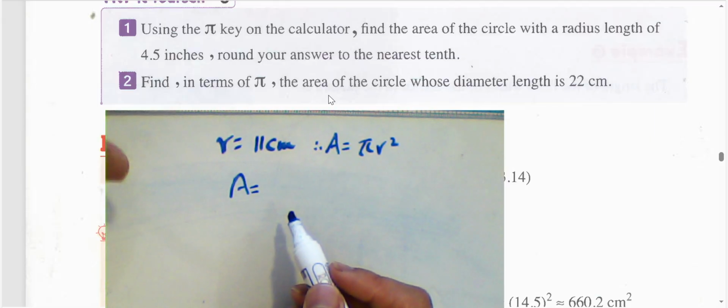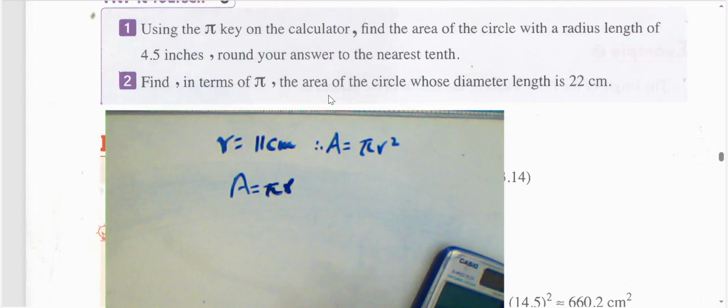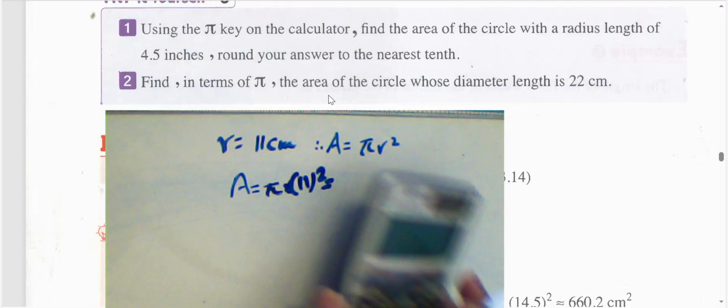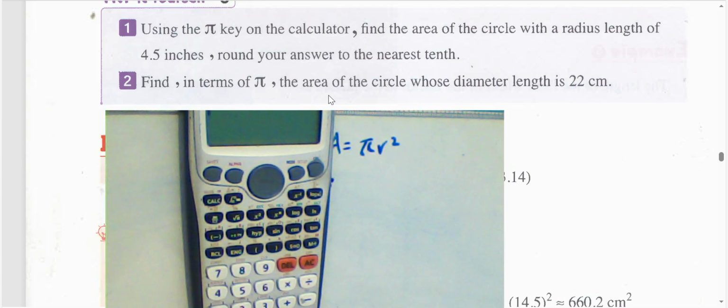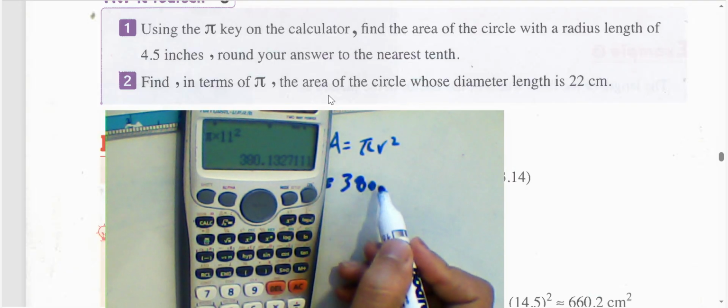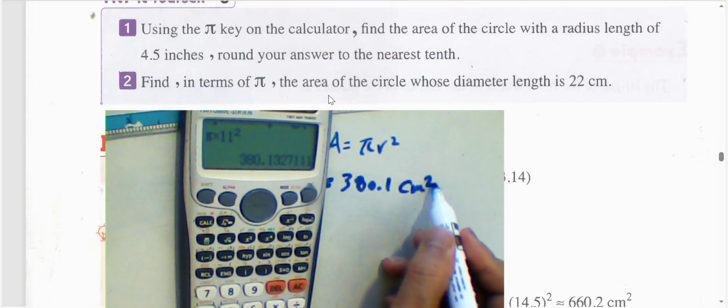Then the area equals pi, using the button on the calculator, multiplied by the radius power 2, 11 power 2. And the result will be 380 and 1 tenth square centimeters.